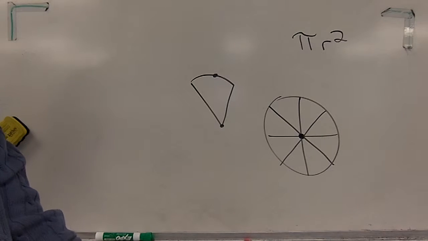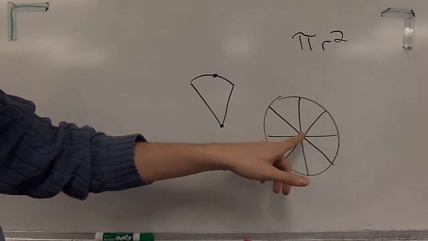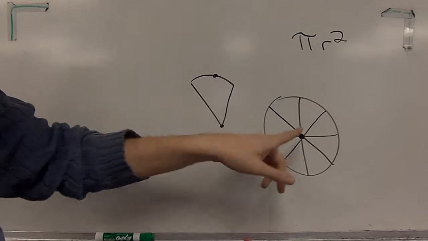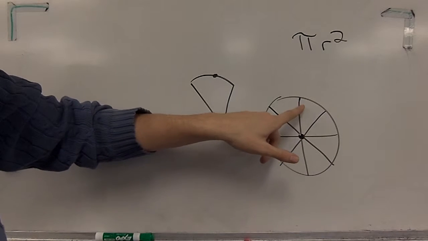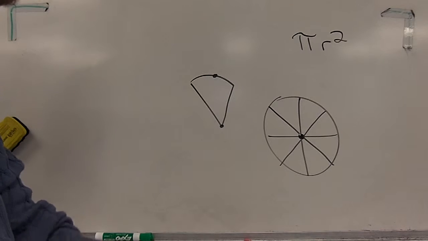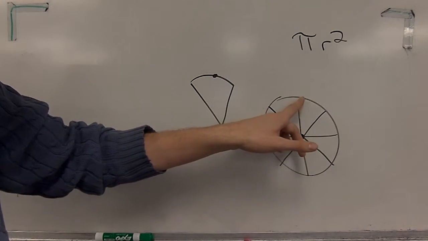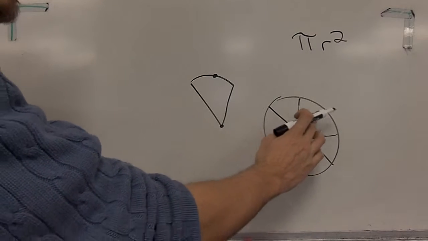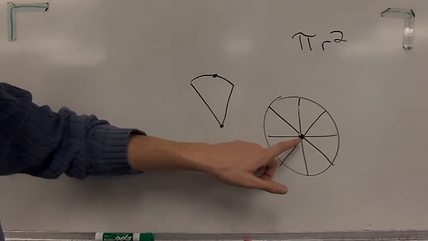Radius is defined as a straight line heading out from the center of the circle to the outside perimeter, or to the circumference of the circle, to the outside edge of the circle. If you take a look at each slice of pizza, their pointy end is the center of the circle.